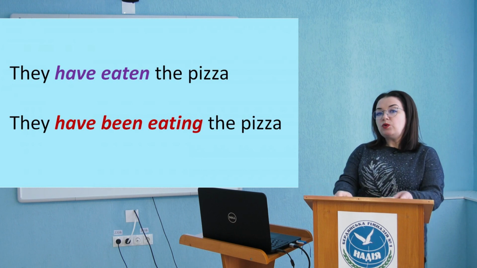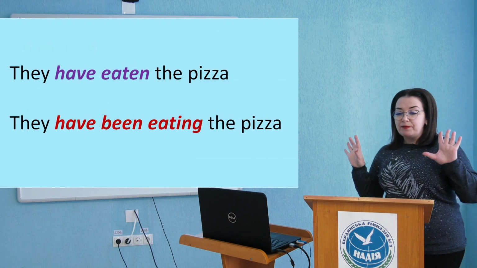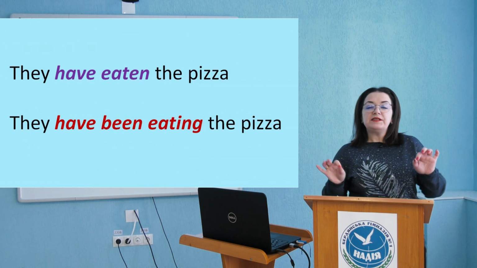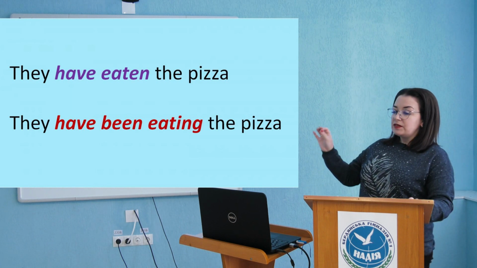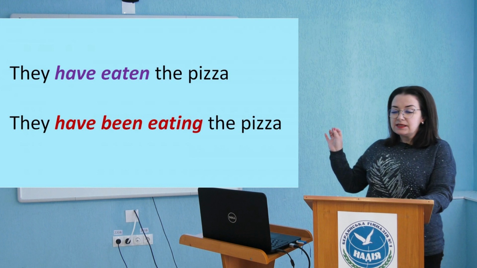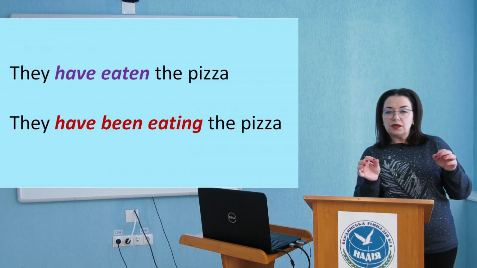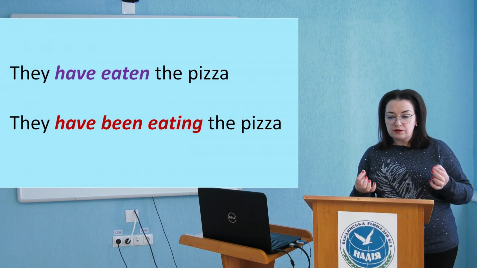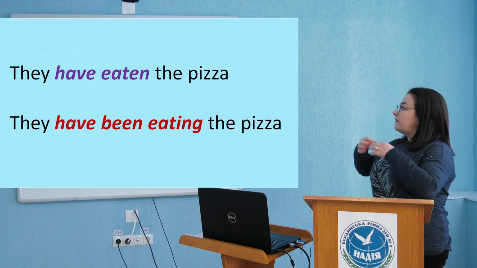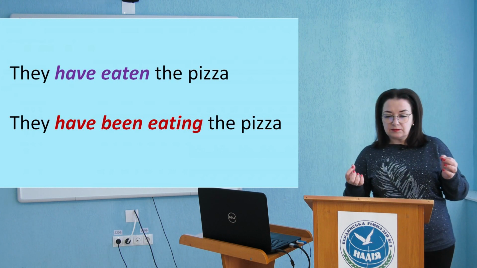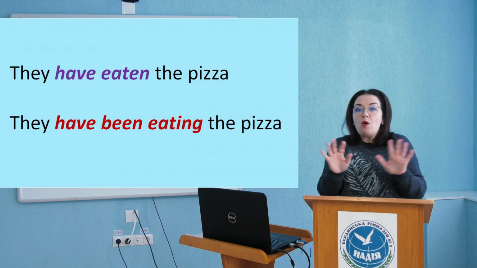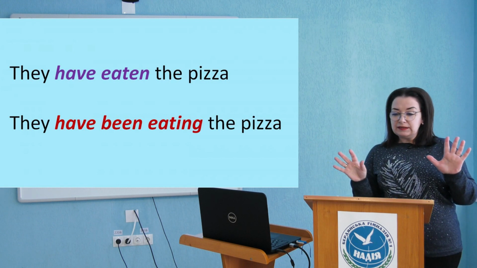So, when comparing these two examples, the main difference is that the first sentence tells us about the action which finished. It finished in the past. There is no more pizza now, you see? But we still have an experience of its taste.